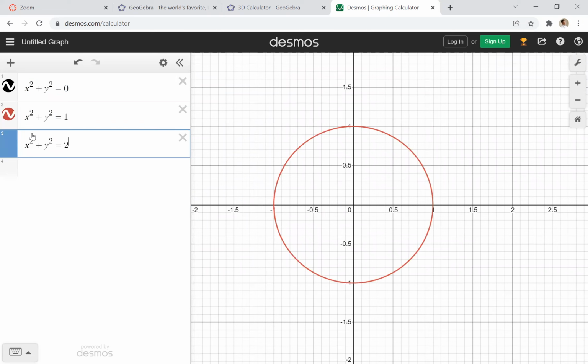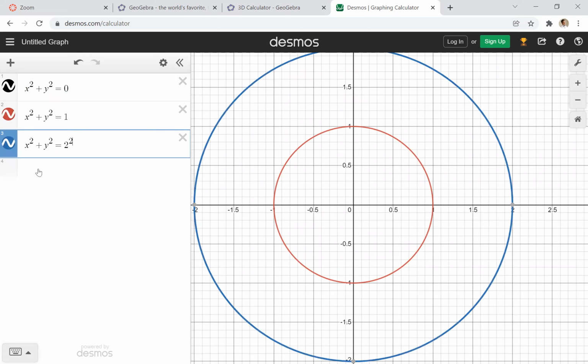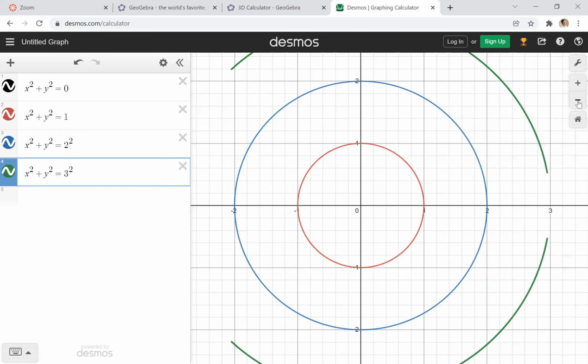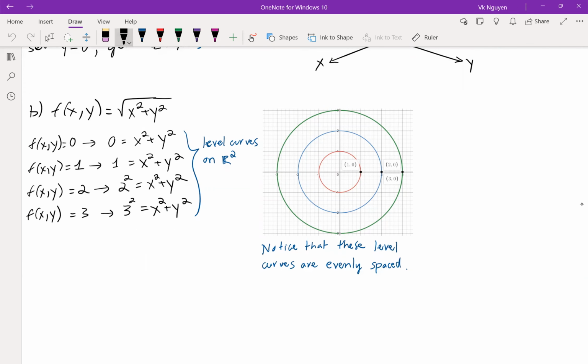Equal 2 squared. Equal 3 squared. Get smaller. Evenly spaced means same slope, right? Same slope is exactly linear.